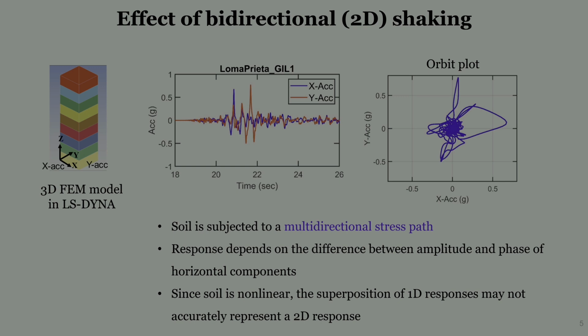To understand the effects of bidirectional shaking, or 2D shaking, if you assume a 3D model, this is a finite element model built in PLAXIS, and if we subject this model to 2 horizontal shakings, then we can assume that this soil model will move in the direction shown by this orbit plot.